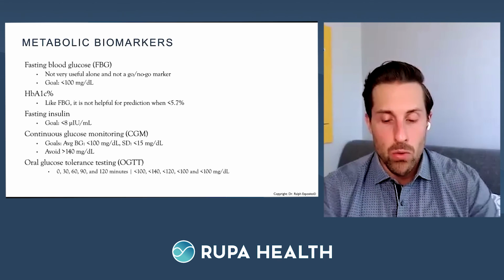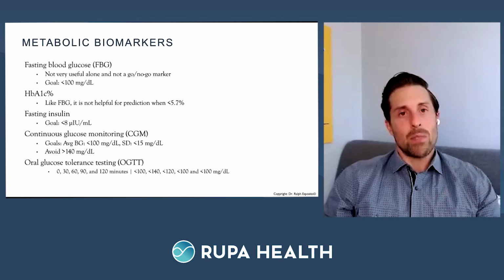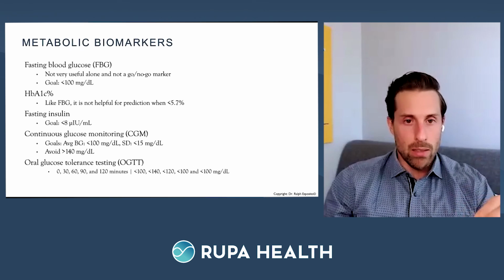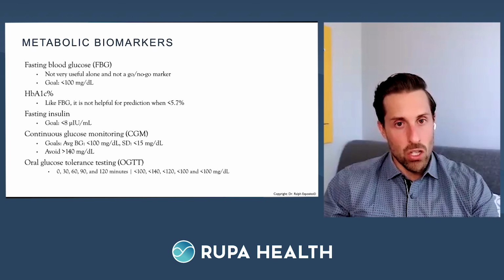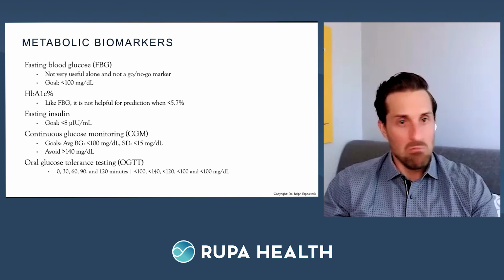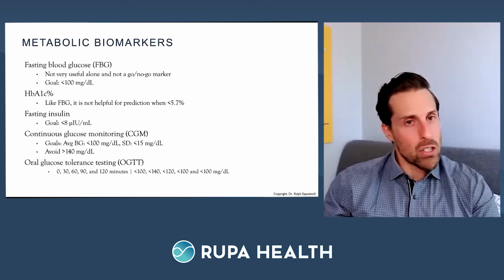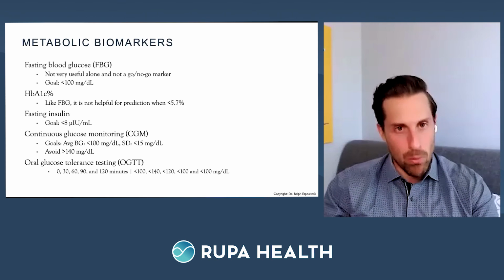These are some metabolic markers, which are very, very important. And this brings us back to the whole discussion of cardiometabolic disease. Triglycerides are a big gateway to this conversation. But what we want to understand is that fasting blood glucose and hemoglobin A1C are not really useful unless you're full-blown diabetic, and then they become a problem.